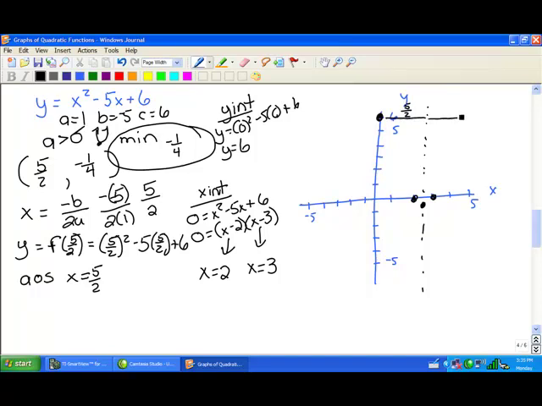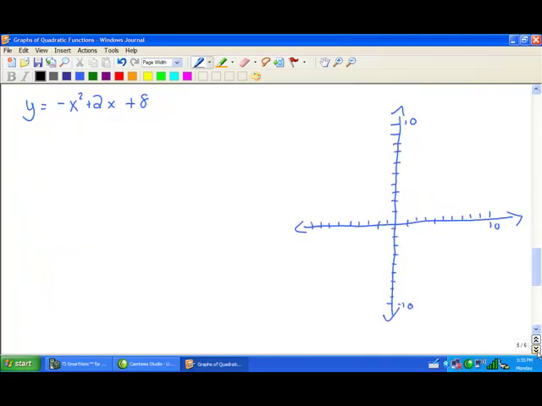So if we come out another 2.5 units, we can plot the point of positive 5, positive 6. And again, this will give us ample points to draw the parabola. You can also graph these on your graphing calculator, and you'll get the exact same picture we're getting here.